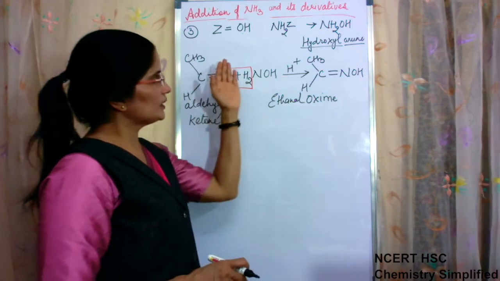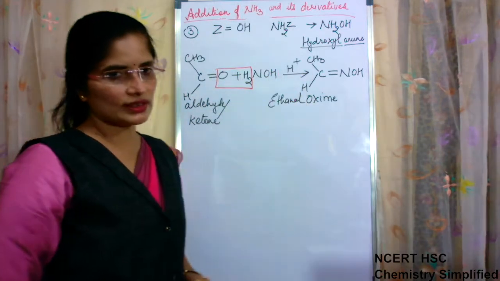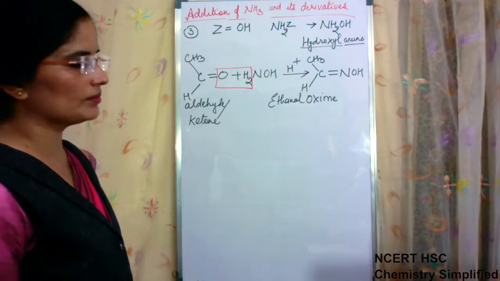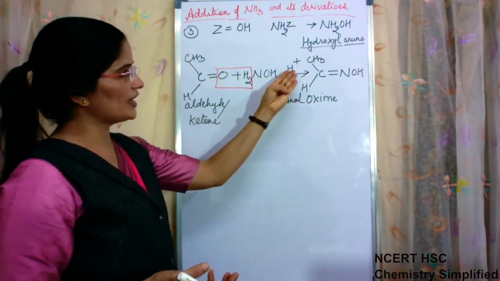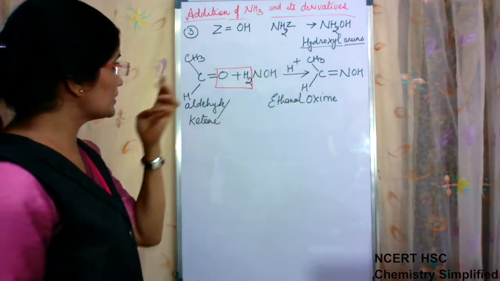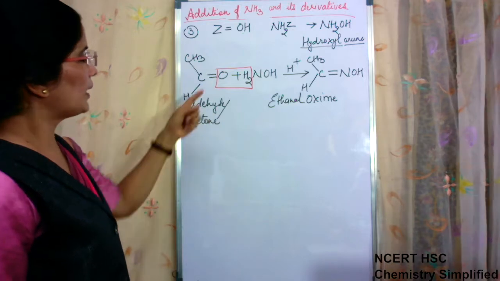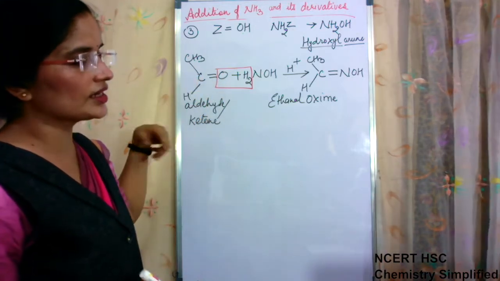Now in all these reactions, when we started with ammonia, we are writing H positive. So why is this H positive used every time? Why is the medium kept acidic in these reactions? Because the H positive from the acid protonates the O of this compound, and because of this the electrophilicity of this carbon is increased.